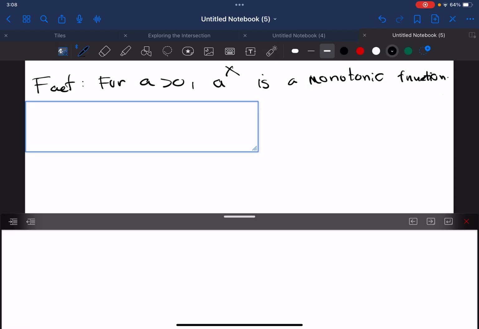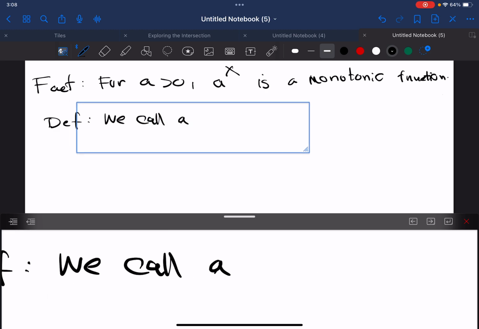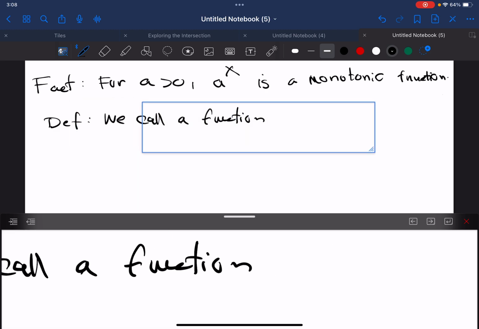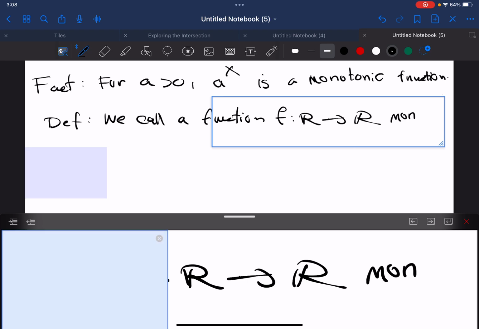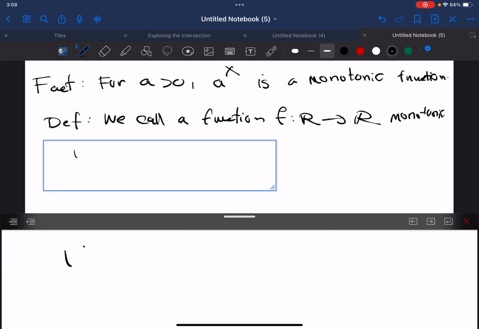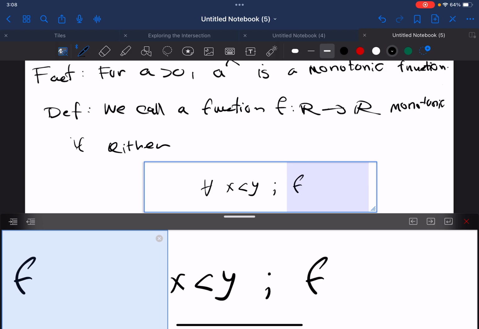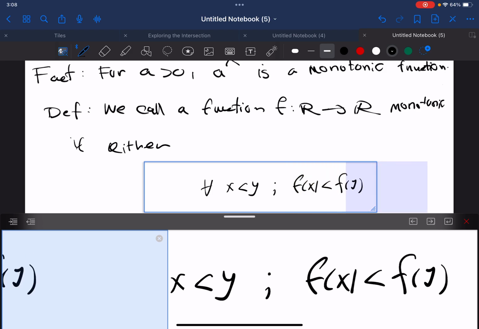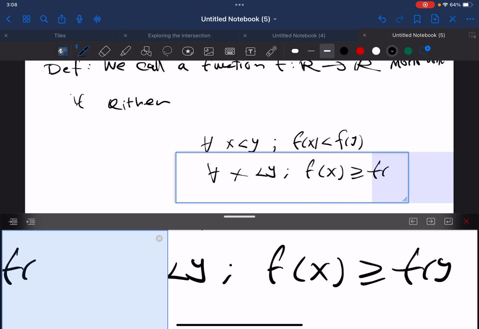The term monotonic is a definition. We call a function f from the set of real numbers to the set of real numbers monotonic if either for all x and y such that x is less than y, f of x is less than f of y, or for all x less than y, f of x is larger than f of y.